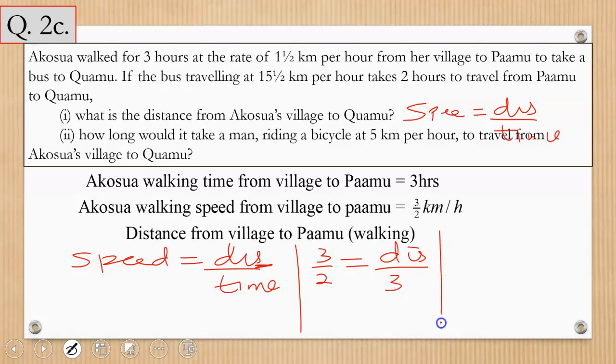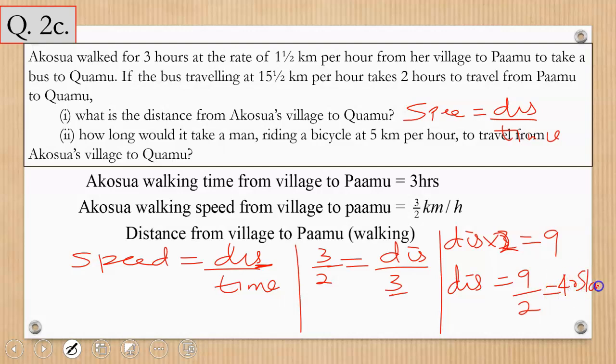If I do cross multiplication, I have the distance times 2 is equal to 3 times 3, which gives us 9. If I divide both sides by 2, the distance is equal to 9/2, which is 4.5 kilometers. So from Akosua's village to Pemu, the total distance is 4.5 kilometers.